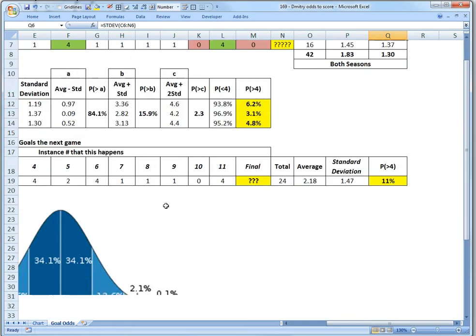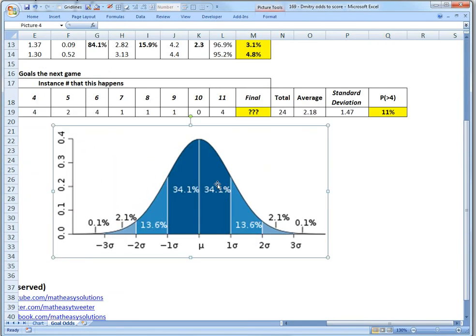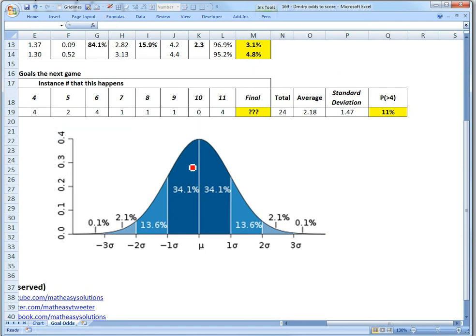So if we go back to this one, here's the standard deviation model. 34.1 plus 34.1 is 68.2. Then if you keep going more standard deviations, you get 13.6%. These are cumulative, just to recall. It's a cumulative percentage, so going above to 2 standard deviations, between these is 2.1%, and so on. And this is just the average.